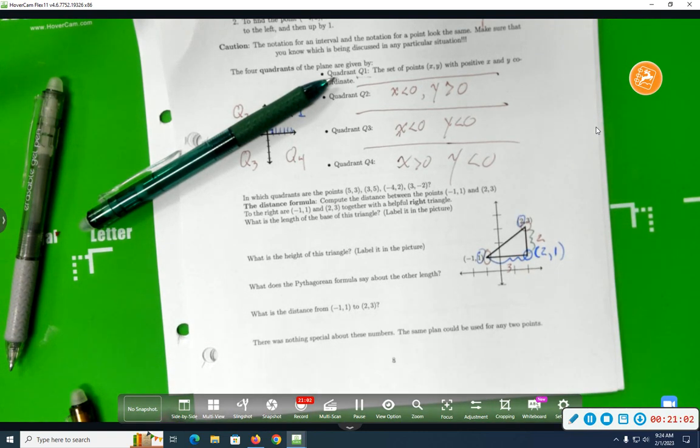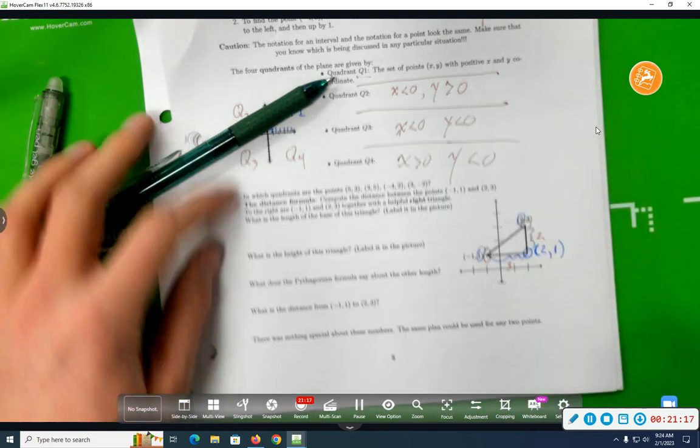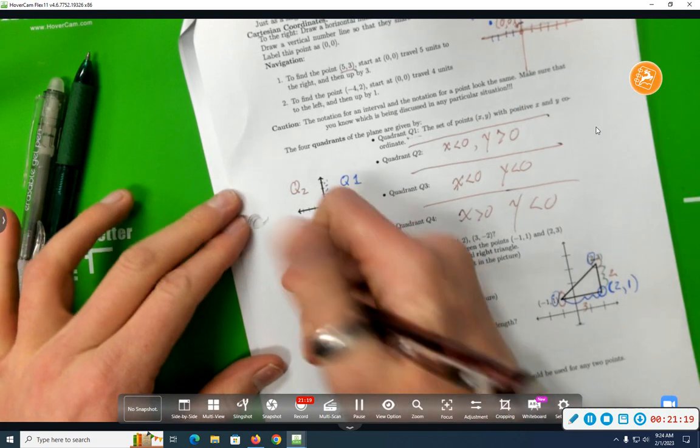Is there some rule that says if you have a right triangle and you know the base and the height, then you know the distance of the hypotenuse? There's the Pythagorean formula, which is a thing which I definitely haven't mentioned yet, so maybe I'll mention it. a squared plus b squared is equal to c squared.